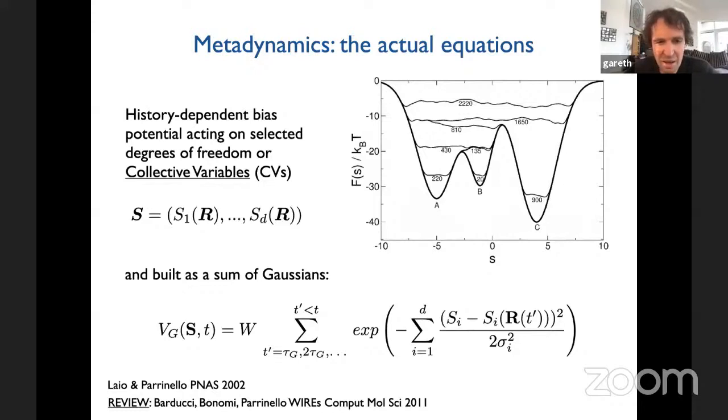The bias in metadynamics has this functional form shown at the bottom of this slide. We have a sum over all previous times, and inside that sum we have the exponential, basically a series of Gaussians. The centers of these Gaussians are at the points in CV space that you visited at previous times.